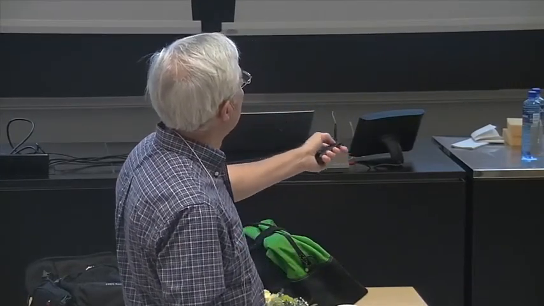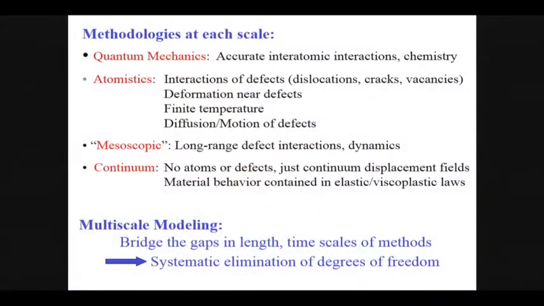We just have continuum displacement fields and some sort of constitutive behavior. But the constitutive behavior came from quantum mechanics, from the existence and motion of defects, from the interaction and organization of those defects over large length scales, and that's really what ended up giving us the constitutive behavior. So depending on what level of detail we need to understand the constitutive behavior, we have to start working backwards, getting down to smaller scales.